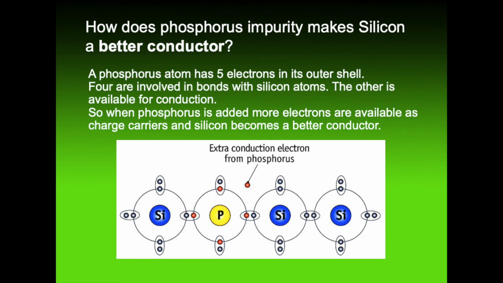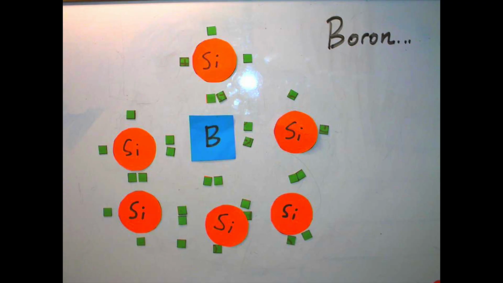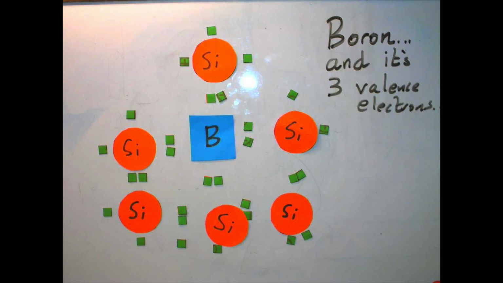In contrast, we're going to look at positive type doping next. So in negative type doping, we introduced an impurity with a valence of 5, so 1 extra electron. If we're trying to get positive impurities in, we're going to use an element that has 1 less valence electron than silicon. So for example, if we introduce boron, which has 3 valence electrons, 3 electrons in its outer shell.